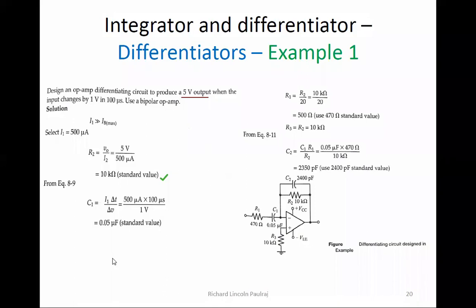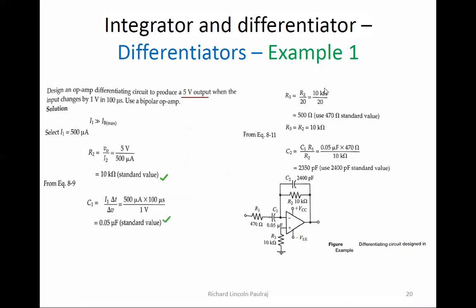You don't have to divide by 1, you can just multiply 500 micro into 100 micro. So we should be getting 0.05 into 10 raised to minus 6. So this value is also fine, isn't it?